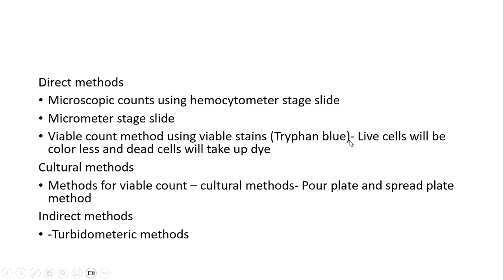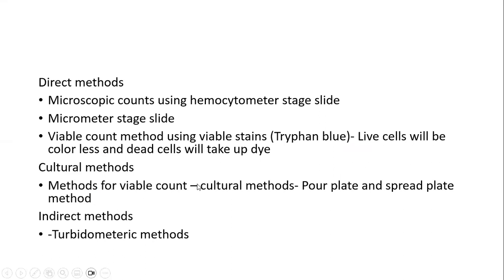So here we are basically staining the sample with trypan blue, and the live cells will be colorless when you observe them, while the dead cells, since they do not have an intact membrane system, will take up the dye and appear blue in color. So when you are observing under the microscope, if you are aiming at counting only the live cells, then you can count all the colorless cells and do all the calculations, so you will know what is the viable count.